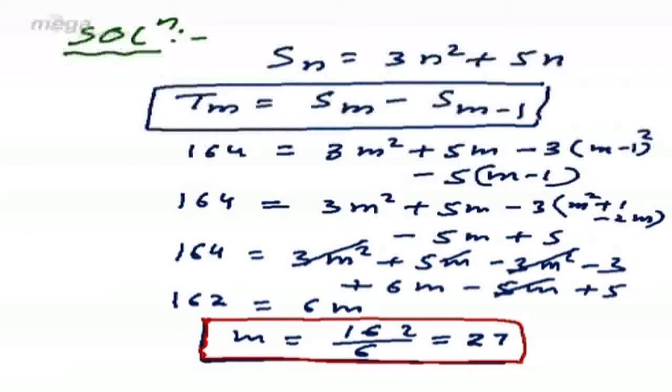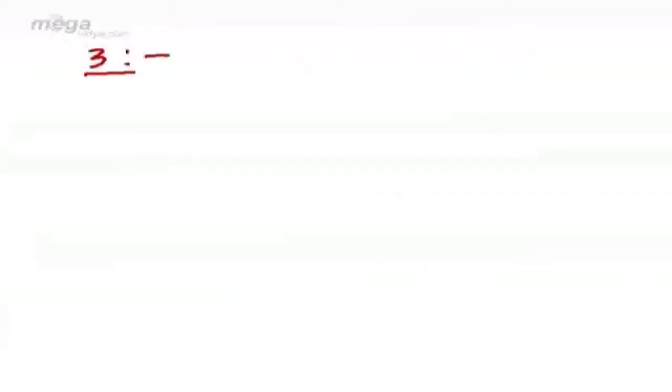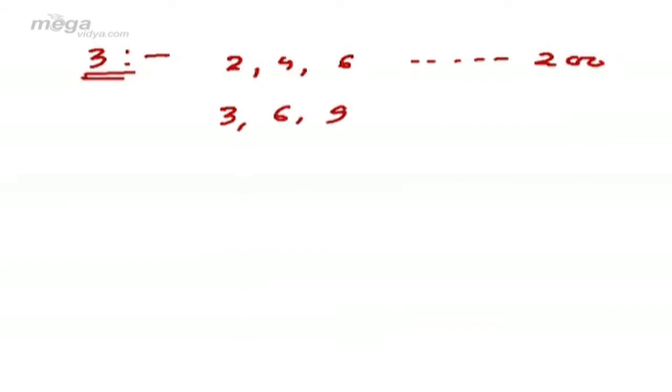Now you see the property number 3. Suppose 2 APs are given, that is 2, 4, 6 up to 200, and the other AP is 3, 6, 9, 12, 15 up to 300.